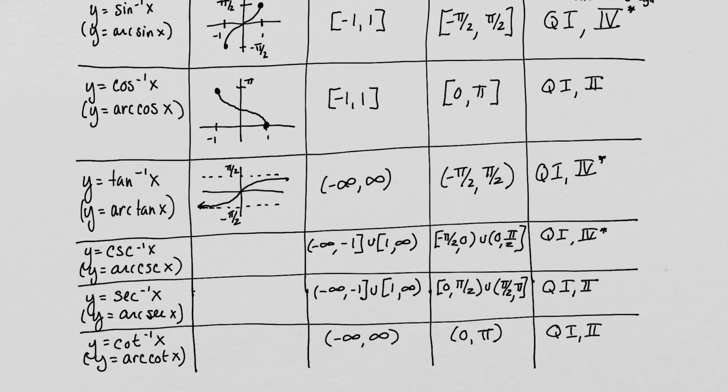And those came from when we had to restrict our functions to make them 1-to-1. So there's lots of choices you could make in terms of what quadrants you pick. It wouldn't have to be 1 and 4. You could pick 1 and 3 for the inverse sine if you wanted to. But we mathematicians sat down and said, okay, we want a standard way of doing this. The standard is we're going to look in quadrants 1 and 4. So it's how it's defined.